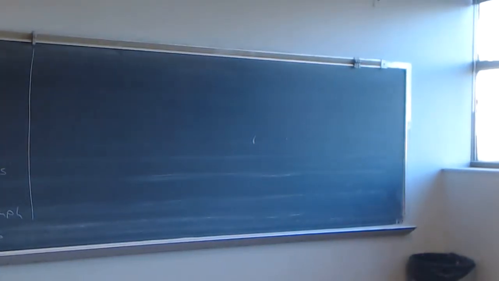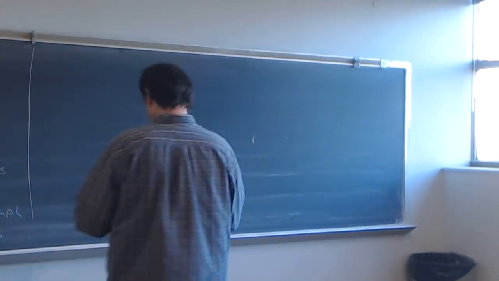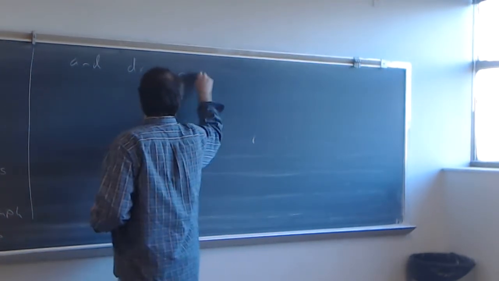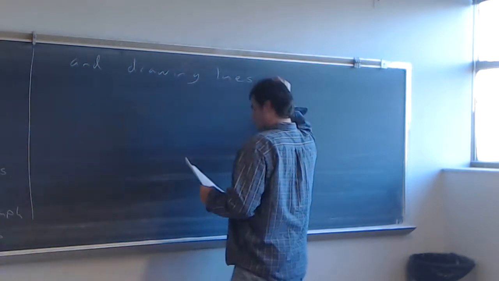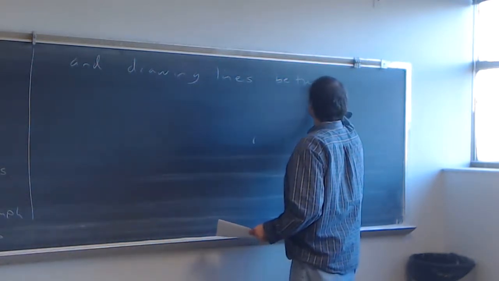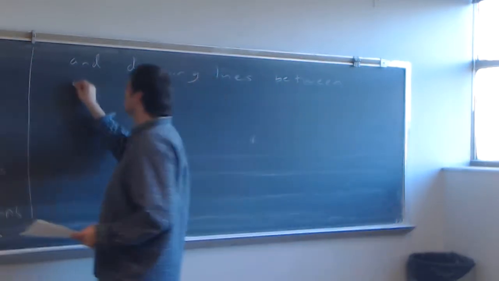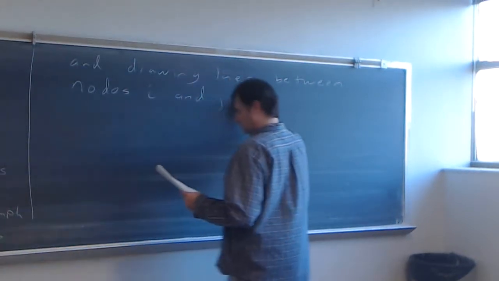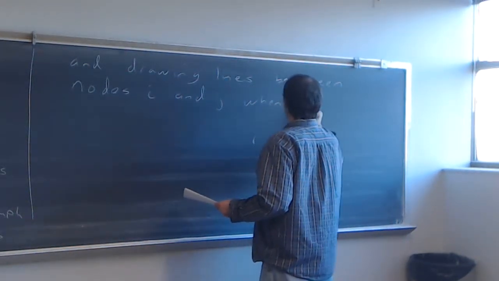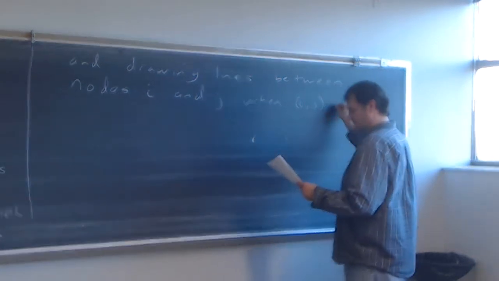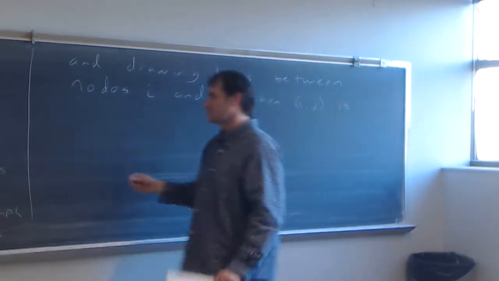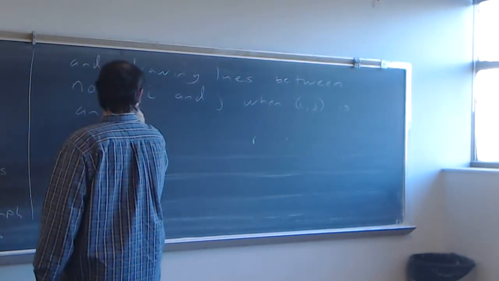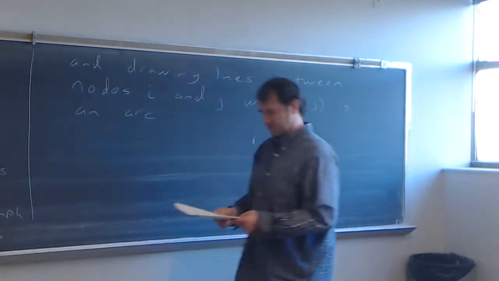Let me describe that a little better. And drawing lines between nodes I and J when I comma J, that pairing, is an element of A, or is an arc. Okay, we're going to look at some examples of that.